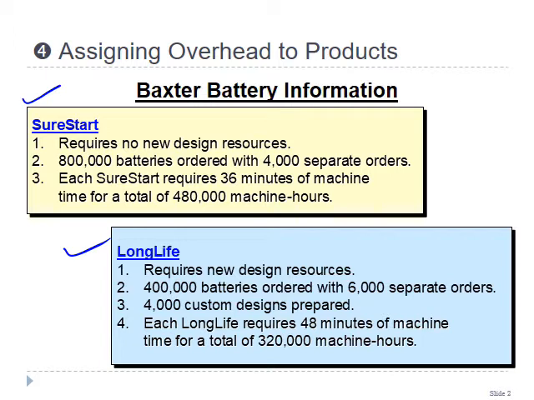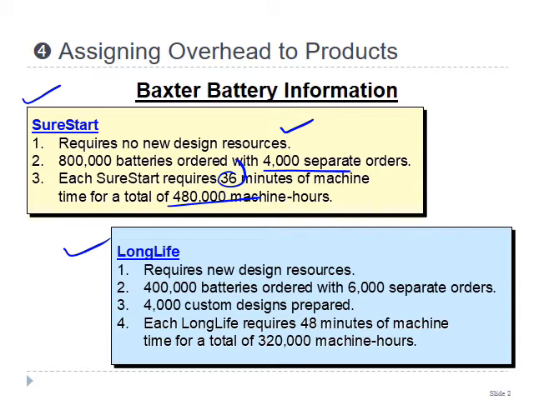The data shows that Short Start requires no new design resources. 800,000 batteries are sold with 4,000 separate orders received. Each Short Start requires 36 minutes of machine time, for a total of 480,000 machine hours. So this is the data given for Short Start.